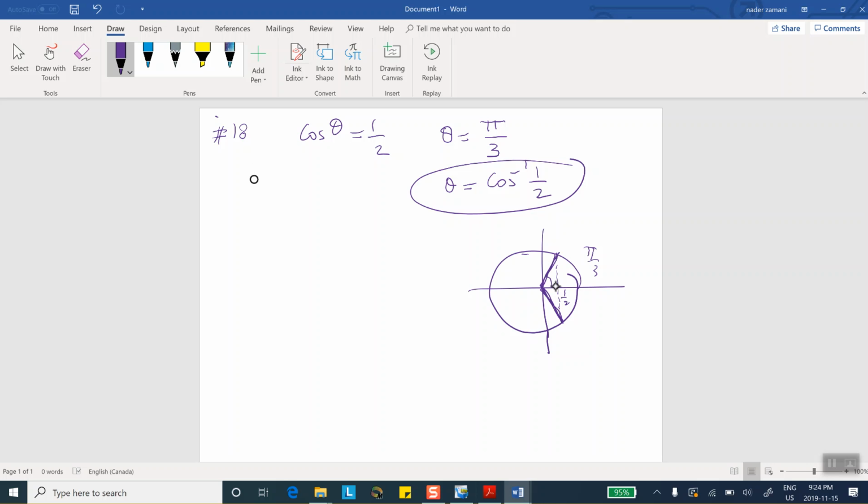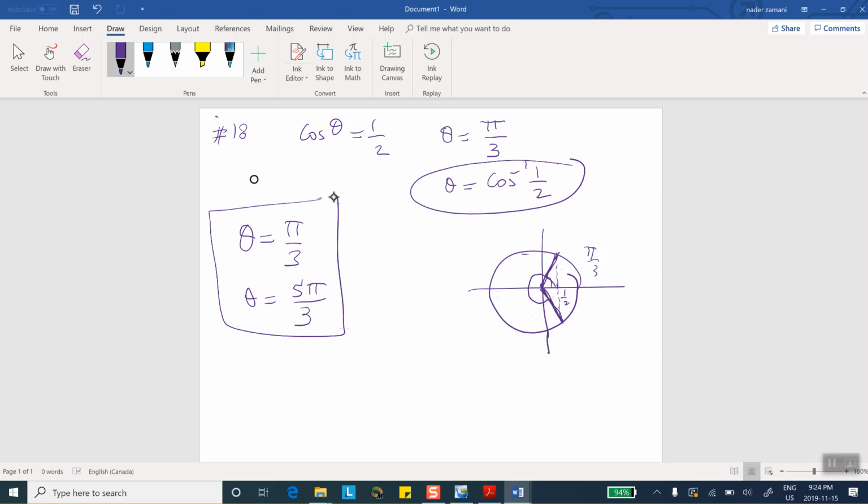In other words, this angle, whose cosine is also 1/2. So theta equal to pi over 3 is fine. There's nothing wrong with it. But theta equal to 5 pi over 3 is also a solution in one period. Remember, one period of cosine is 0 to 2 pi.